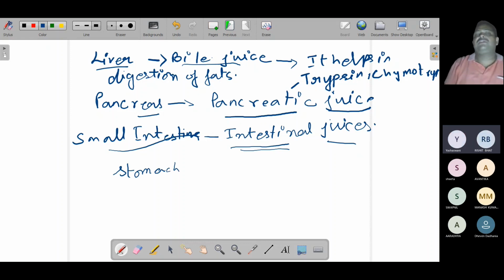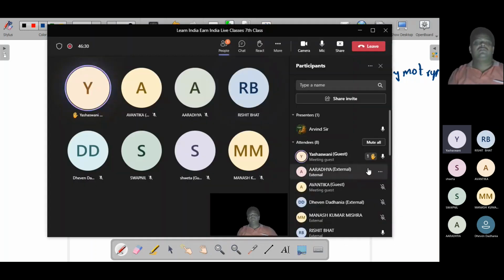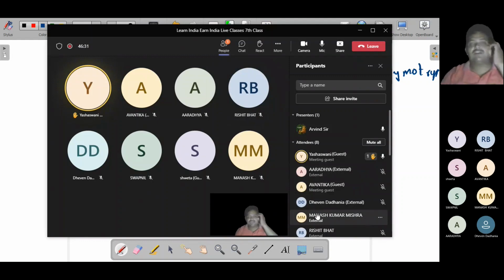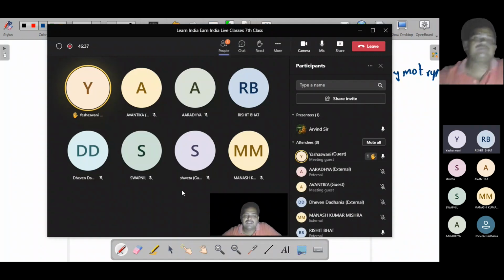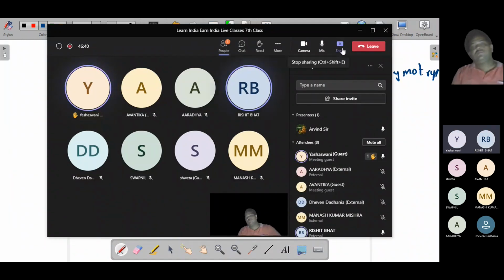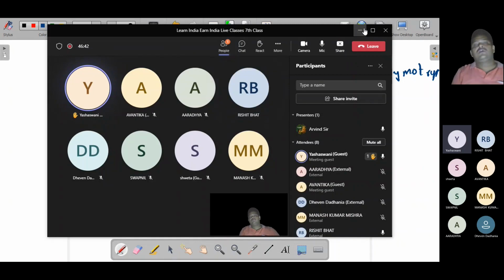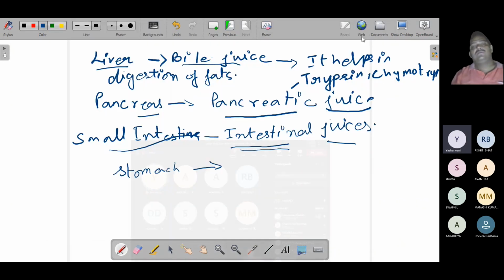Sir, gastric juice. Who told this answer? Yes, Ashwini. Ashwini has already answered this question, Rishit. So you should remember this answer for the next time. Devan, you also. Sir, you didn't tell the full question. See, sir, when our digestive system is not working properly, we get gastric from our stomach only.